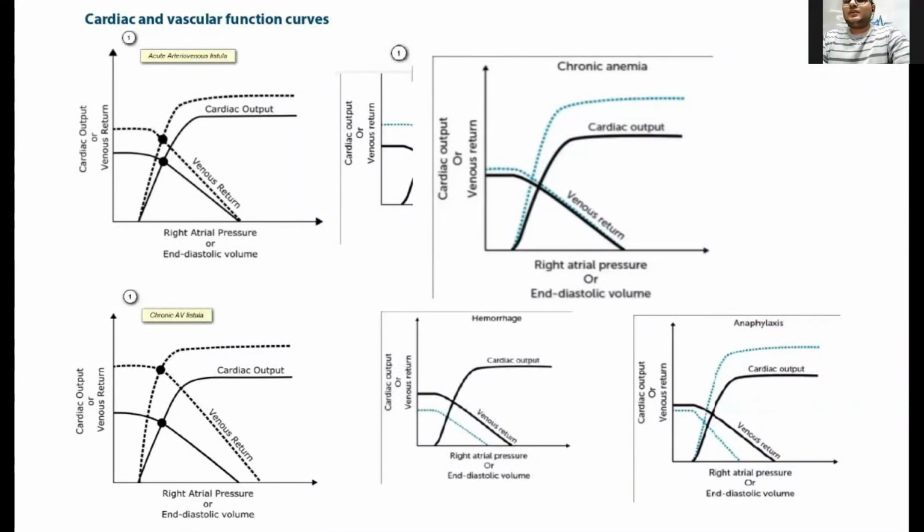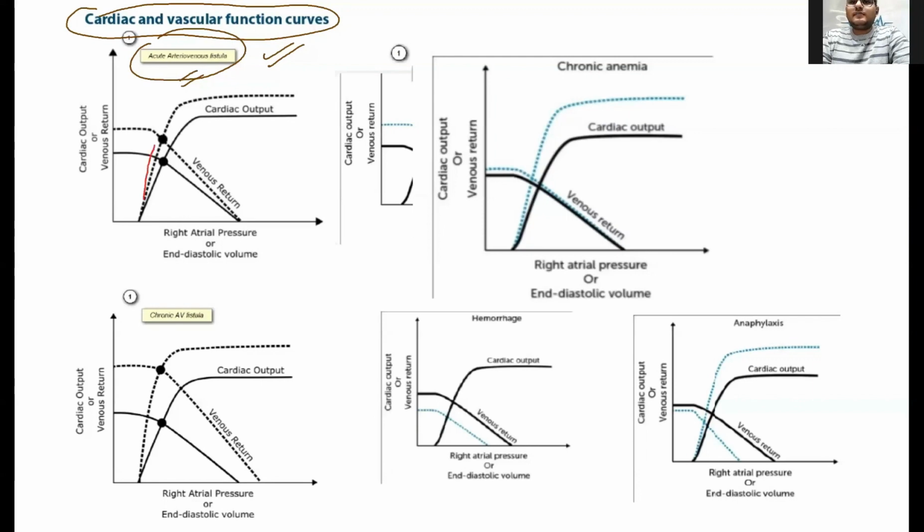So what are the different changes that cause the change in cardiac and vascular function curves? Okay, so we will study vascular function and cardiac function. First of all, we discussed acute arteriovenous fistula. What will be the change when there is acute arteriovenous fistula? You can see in this diagram the dotted line that shows the change after the occurrence of acute arteriovenous fistula.